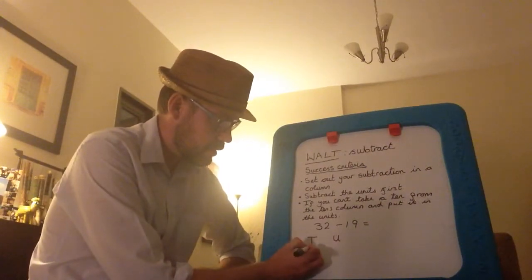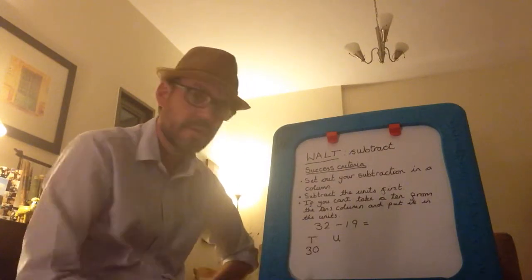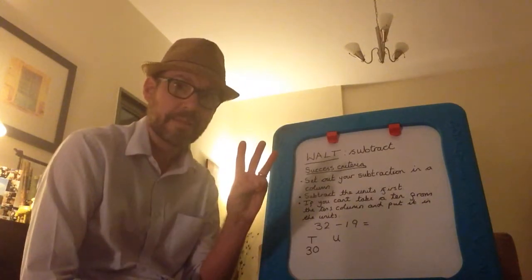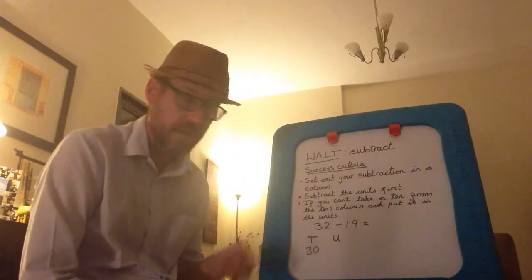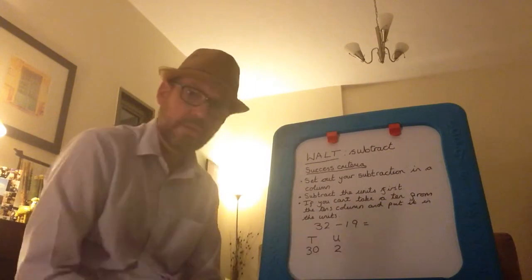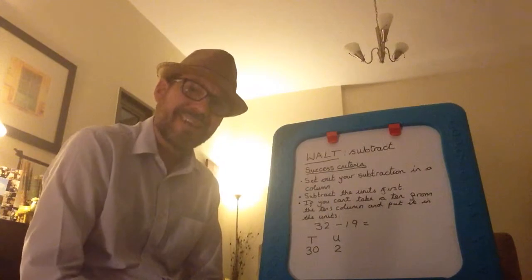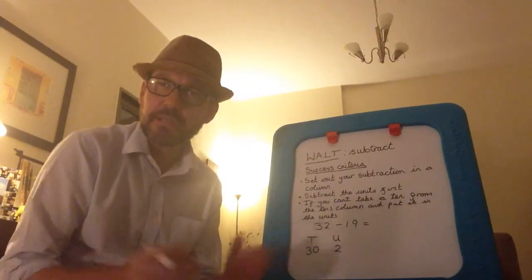Okay, so let's partition 32. We know that 32 has 3 tens in it, so that would be 30. And over here we'd put the 2 units. Now we've got 19, so we're going to partition 19.